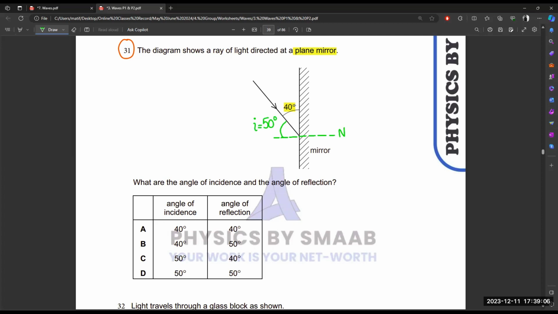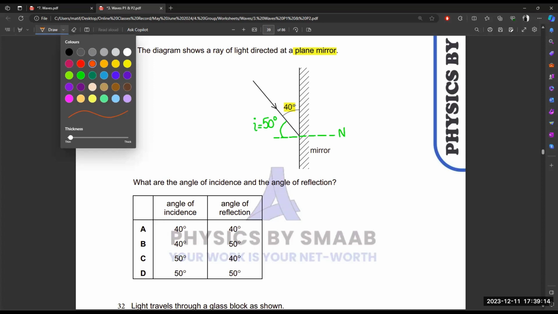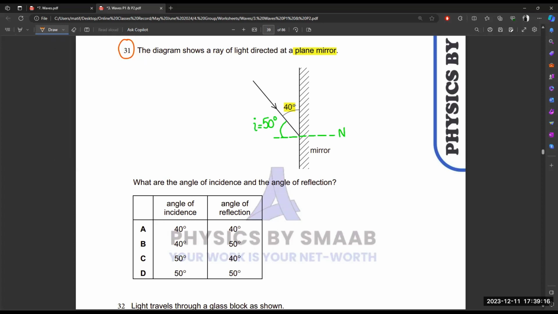They just confuse you by giving the angle on the other side, because we feel that the question is very easy and we quickly take the 40-degree angle, but this is 50. So first of all, you need to identify the correct angle, and secondly, you also need to apply the law of reflection, that the angle of incidence is equal to the angle of reflection.